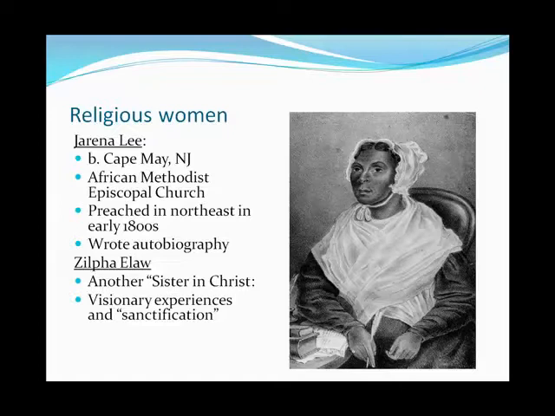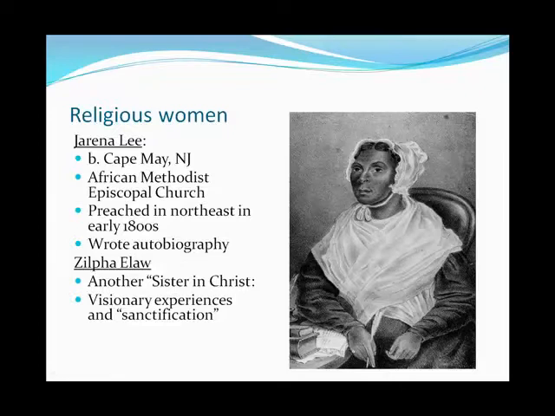This visionary experience, according to one historian, served for most black women evangelicals not only as a way of transforming their lives, but also allowed them a platform for criticizing the existing order, particularly slavery, racism, and sexism.